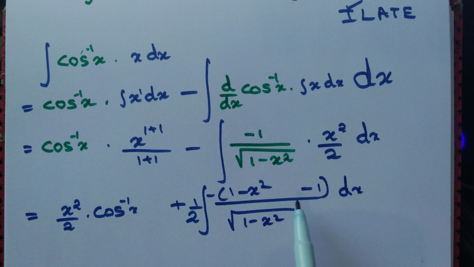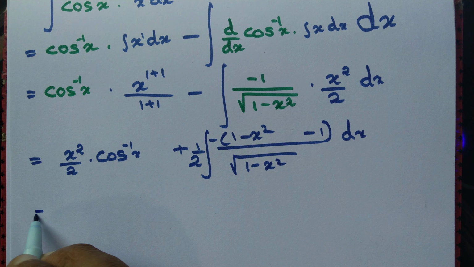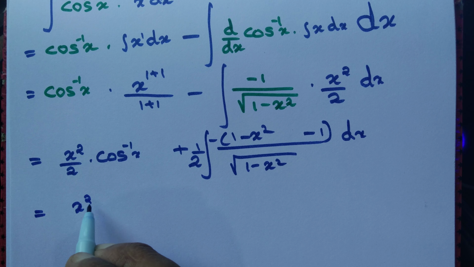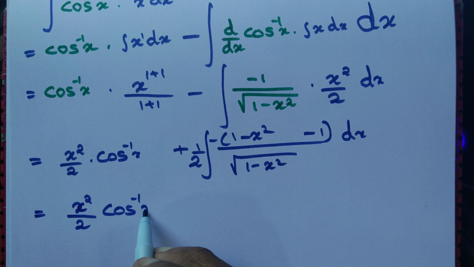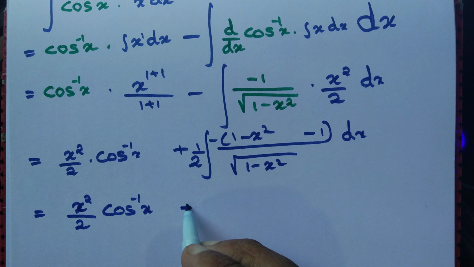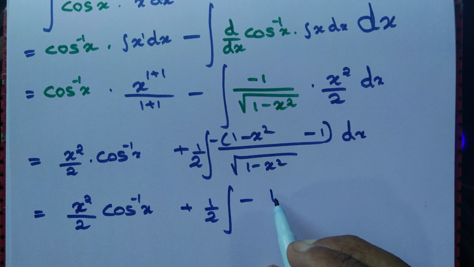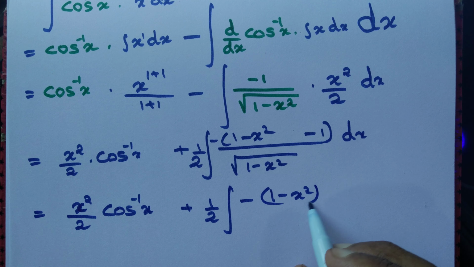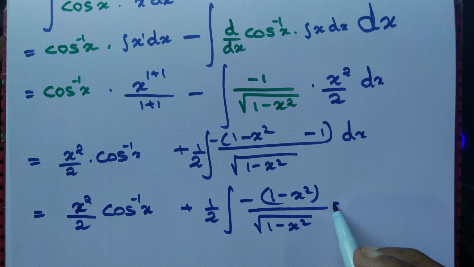What's the advantage? First of all, make sure that equality is maintained. 1 and 1 will get cancelled, minus and minus will get cancelled, so x square as it is, that's correct. And then let's simplify it out. x square by 2 cos inverse of x, that we can copy as it is, plus 1 by 2 integral of minus of 1 minus x square divided by root over 1 minus x square dx.